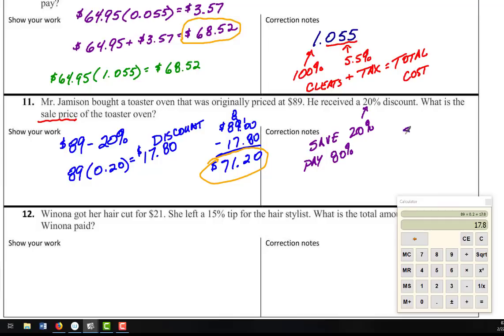So if we take the original amount, the $89, and we multiply it by 80% as a decimal, 89 times 0.8, we get, not surprisingly, $71.20. So that's a great shortcut to use. Remembering, anytime you save 20, you pay 80. Just multiply it by the 0.8 to start with. You don't have to worry about the subtraction.